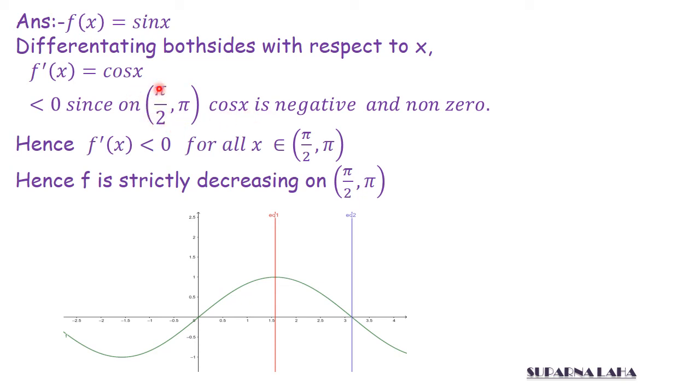So cos x is negative in this open interval pi by 2 to pi, and it is non-zero also, since I am not taking these 2 points, I am taking just the open interval, leaving the point pi by 2. So we can find f dash x is less than 0 for all x in this open interval pi by 2 to pi. Hence we can say the function is strictly decreasing on this interval. Now if we check this graph also, we will find the graph is moving downwards in this interval pi by 2 to pi.